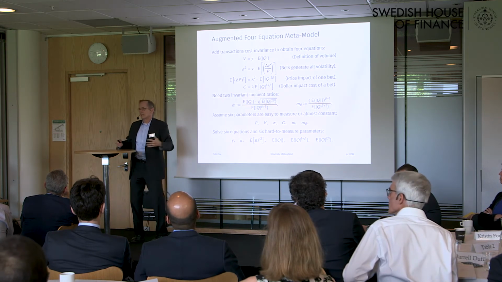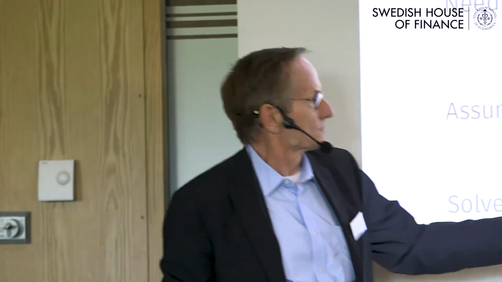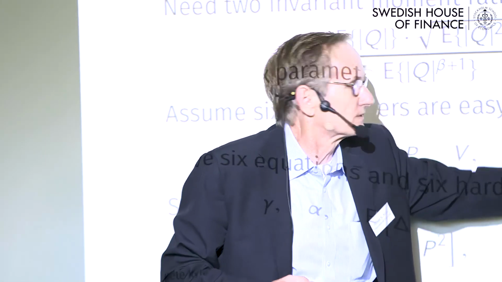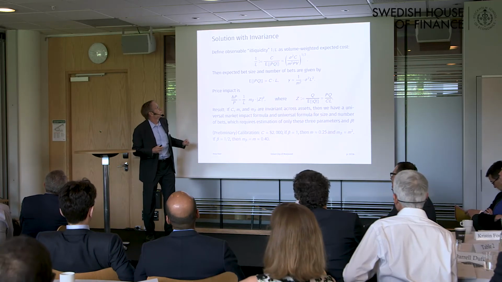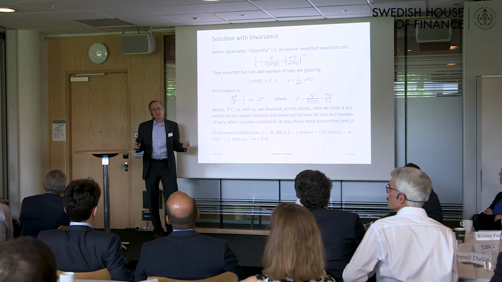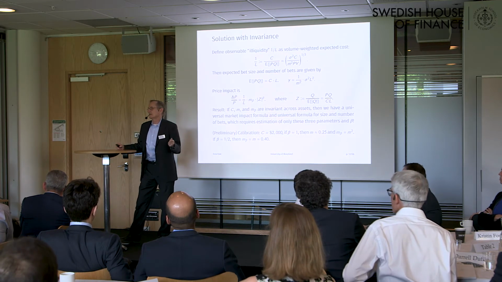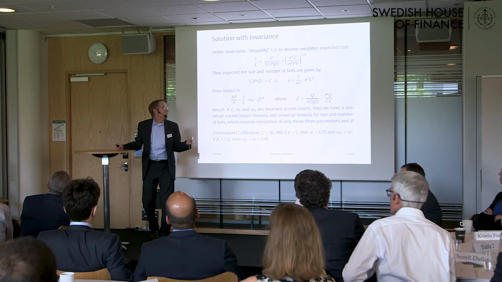And we can solve for the difficult to measure things in terms of the easier to measure things and in terms of these constants, the cost of a bet and moment ratios that we're assuming to be invariant. And let me show you what the solution is. The solution can be expressed in terms of this liquidity measure L that I advertised at the beginning of this talk.